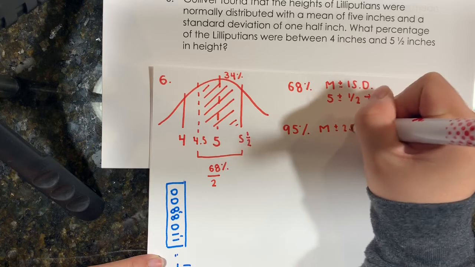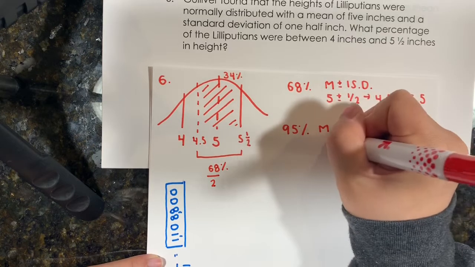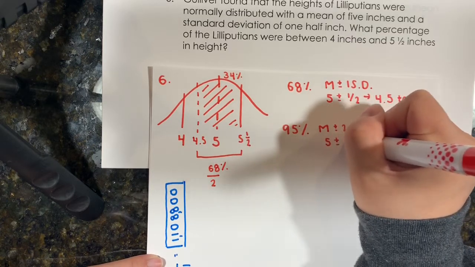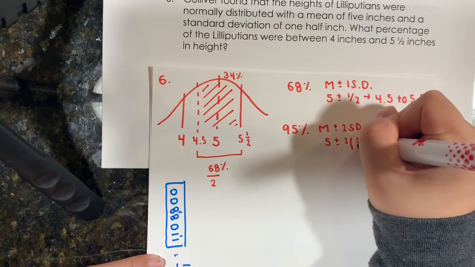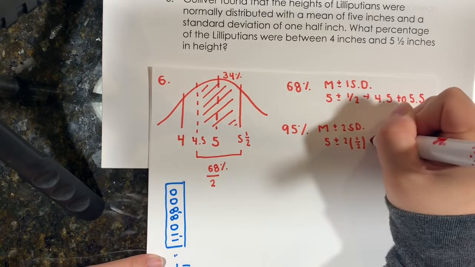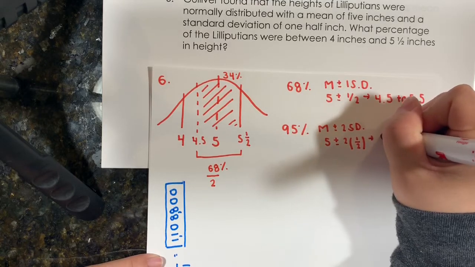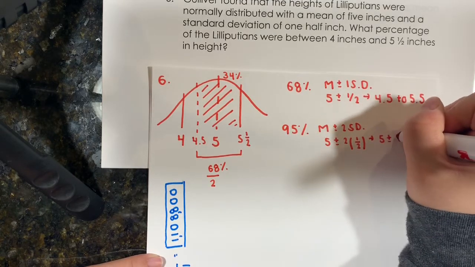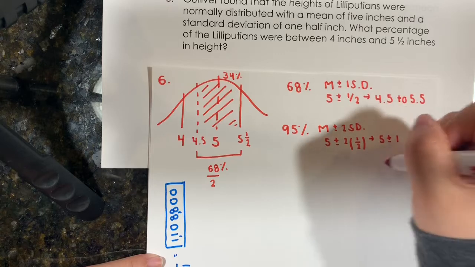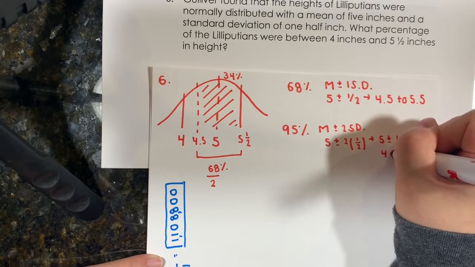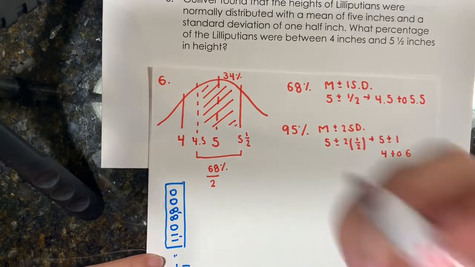2 times the standard deviation. So that would be 5 plus or minus 2 times 1/2, which ends up being 5 plus or minus 1. And that range would be 4 to 6.